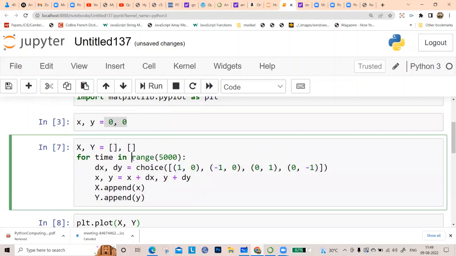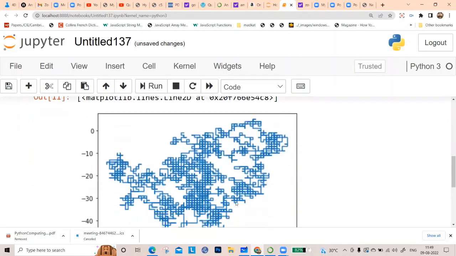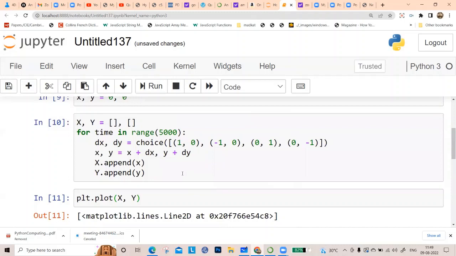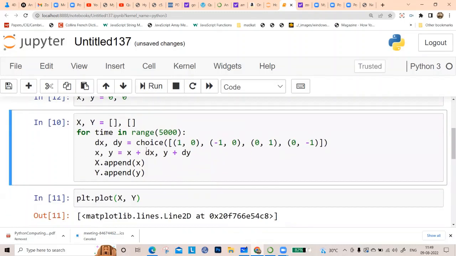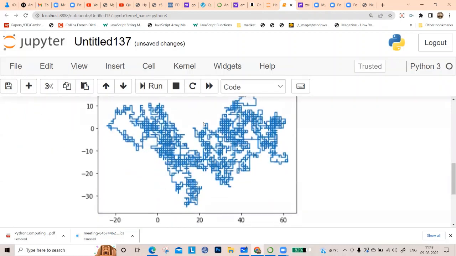If I start again from 0, run this again and plot this again, you will get another walk. So this way we can generate many walks, and for statistical analysis we should take some kind of average, and the physical quantity that we will actually calculate is the end-to-end distance.